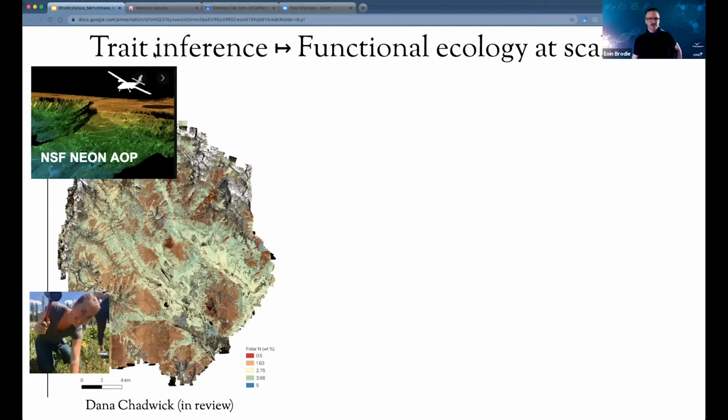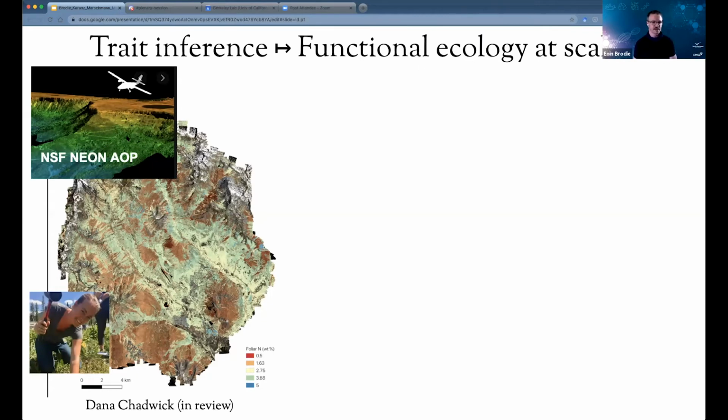Now, I like to use this analogy. We're inferring traits, and what we'd like to be able to do is then to take this trait inference and infer the ecology of organisms and how that either persists or changes across scales, and what are the rules associated with assembly across scales.